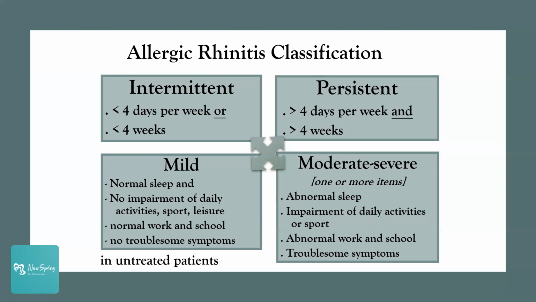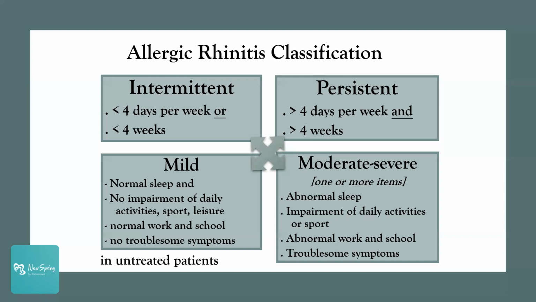So if a patient has mild symptoms and is less than 4 days per week or less than 4 weeks, this is considered a mild intermittent case. However, for the moderate and severe classification of allergic rhinitis, these children have abnormal sleep, impairment of daily activities, impairment of being able to do any sports, abnormal work and school conditions, and troublesome symptoms.